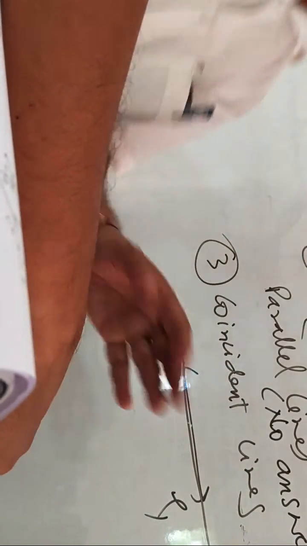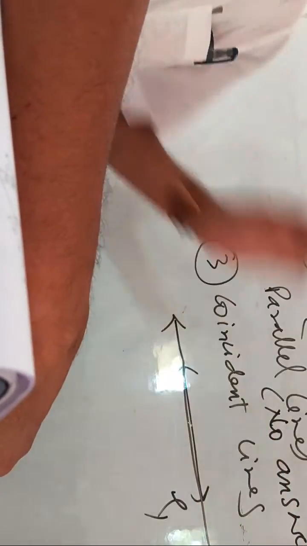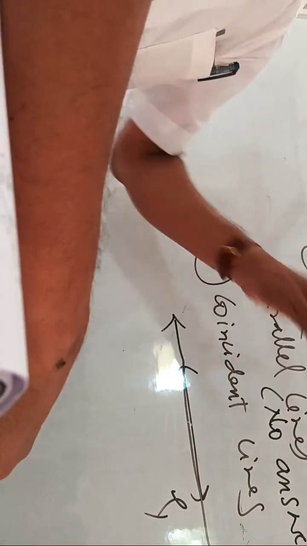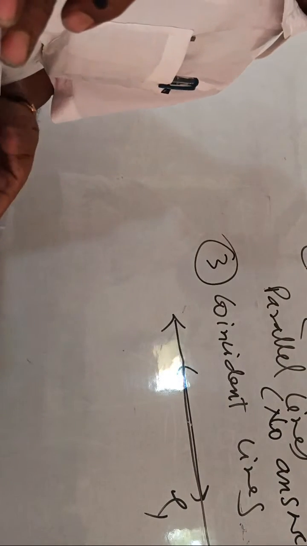But in the third case, there are many answers because all the three are equal. So there are infinite answers, many answers. Now, we shall study how we can solve the equations by different methods.